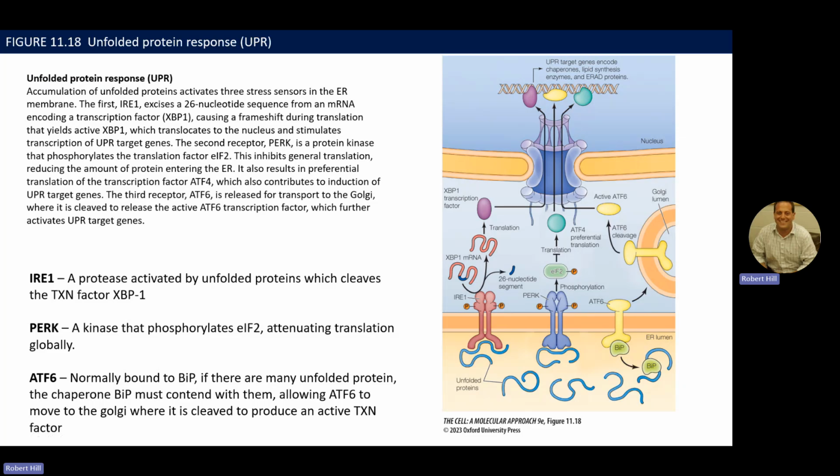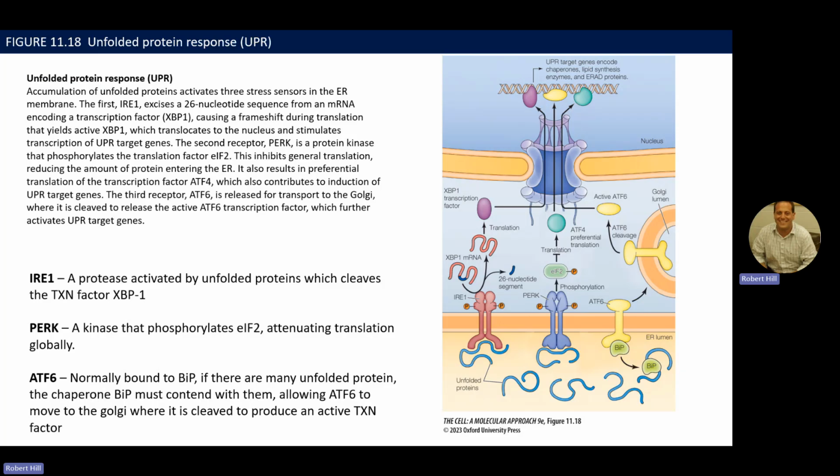All right, the last one is this signal that's bound in the ER called ATF6. So ATF6 is a signal receptor that normally is bound to the chaperone BIP, right? But if you get an accumulation of unfolded proteins, BIP comes off of ATF6 and starts interacting with the unfolded proteins. That activates this receptor complex.